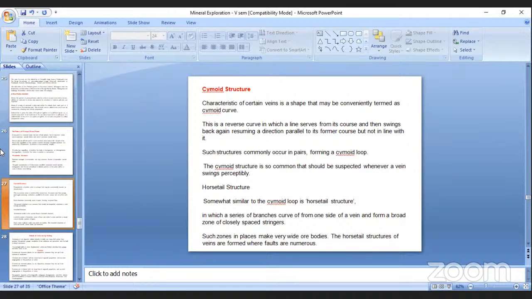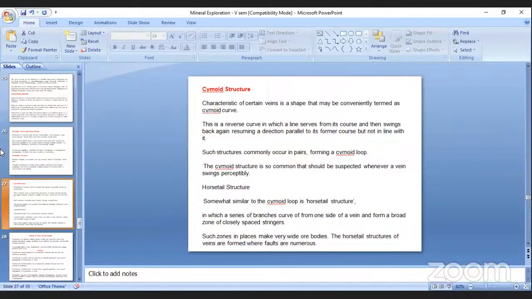This is a reverse curve in which a line swerves from its course, then swings back again and resumes its direction, parallel to its former course but not in line with it. Such structures we commonly see in pairs, forming a sigmoid loop.